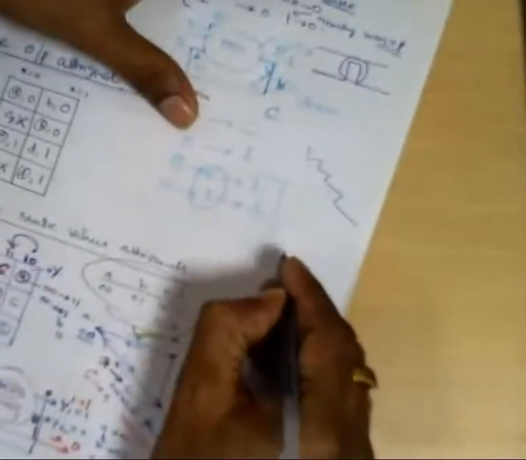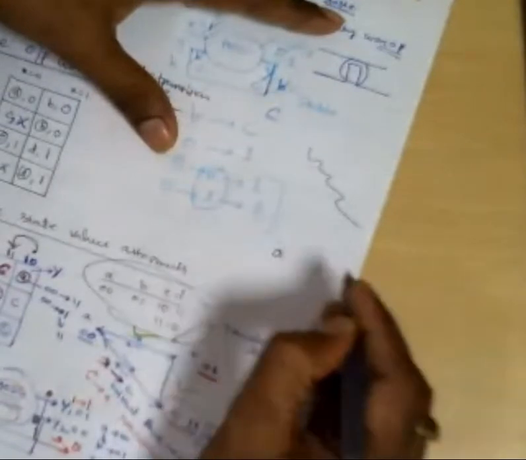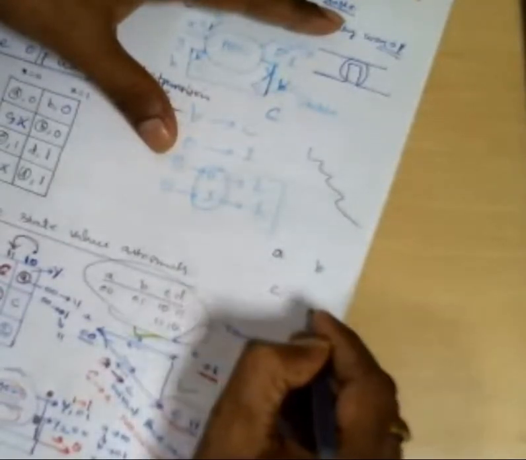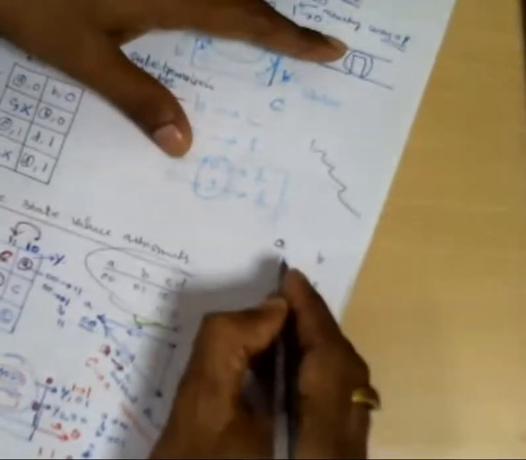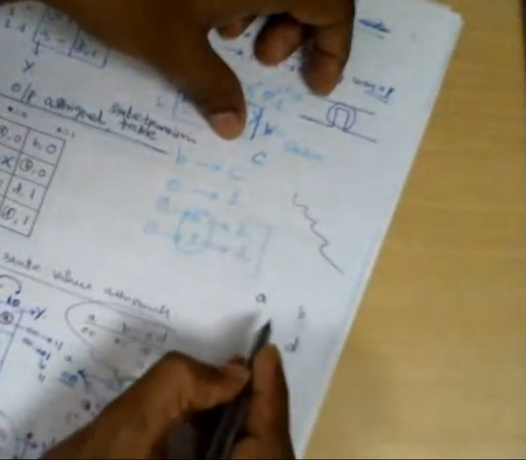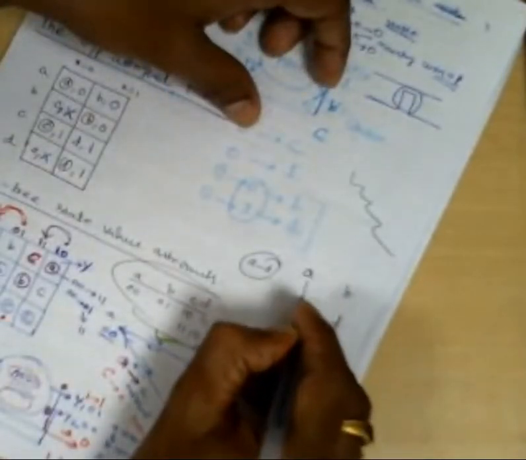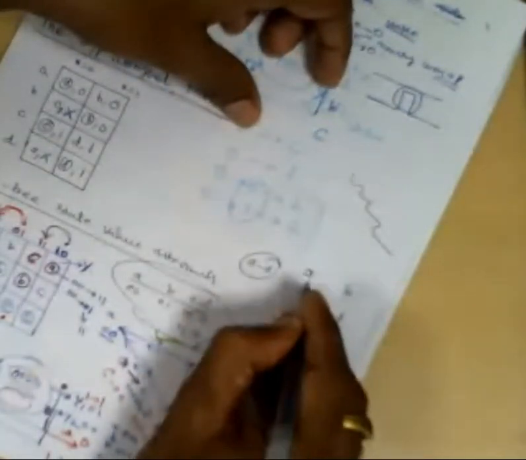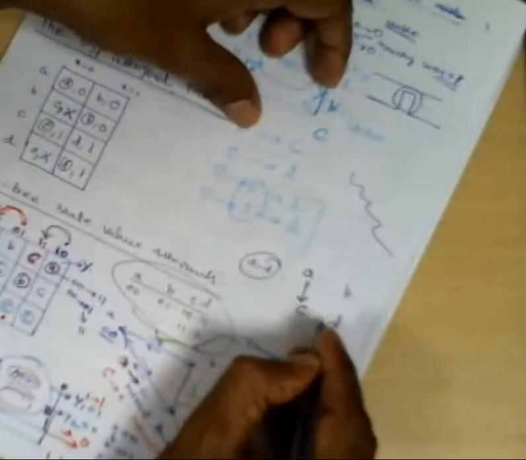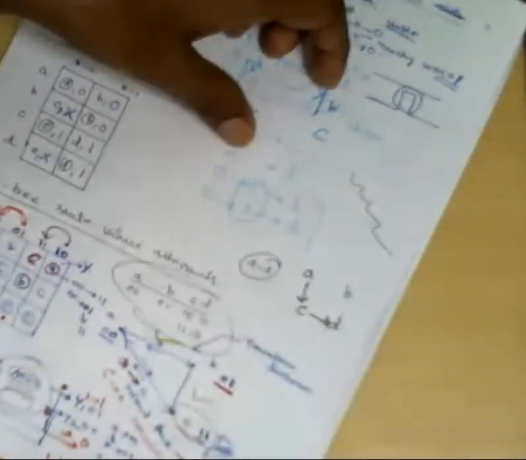Suppose we are here somewhere. Assume roughly A, B, C, D. Suppose I want to go from A to D. Instead of going directly, suppose I go to B, then to C, and then C automatically sends me to D. But I want to go to D only.